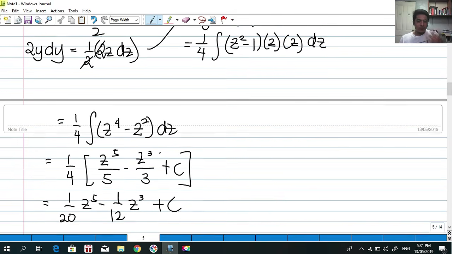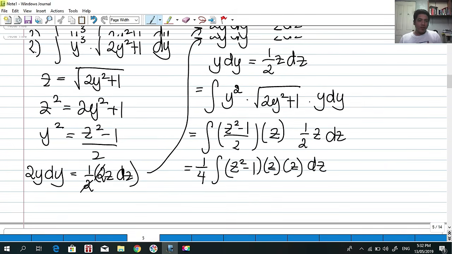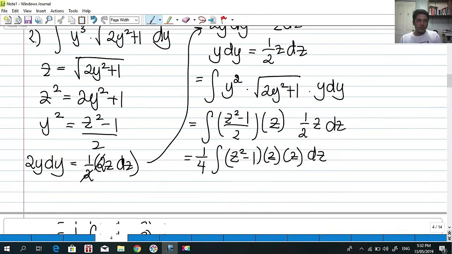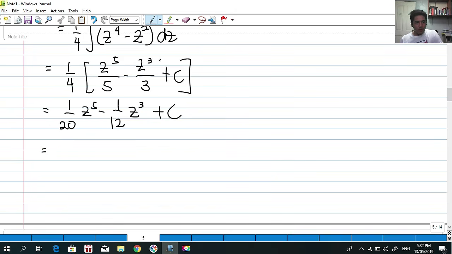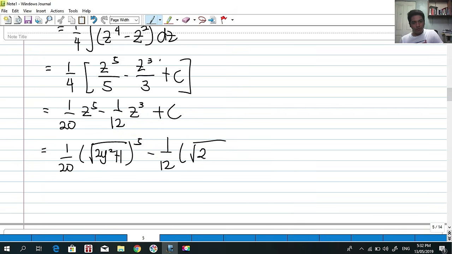Now, back substitution: z equals the square root of 2y squared plus 1. So we have now 1 over 20 multiplied by the square root of 2y squared plus 1 raised to 5, minus 1 over 12 times the square root of 2y squared plus 1 raised to 3, plus c.